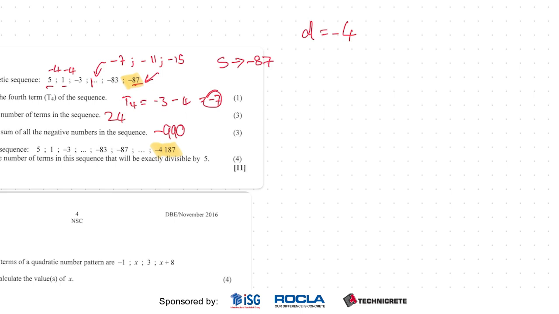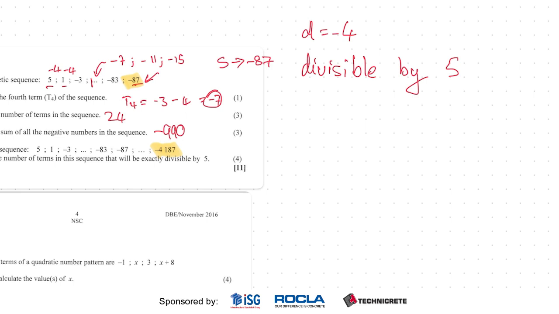And for something to be divisible by 5 in our sequence, right? So we want to know what is divisible by 5. The only numbers that will incorporate our change of 4, so it has to be something that can be divided by 4 as well, and divided by 5 as well.